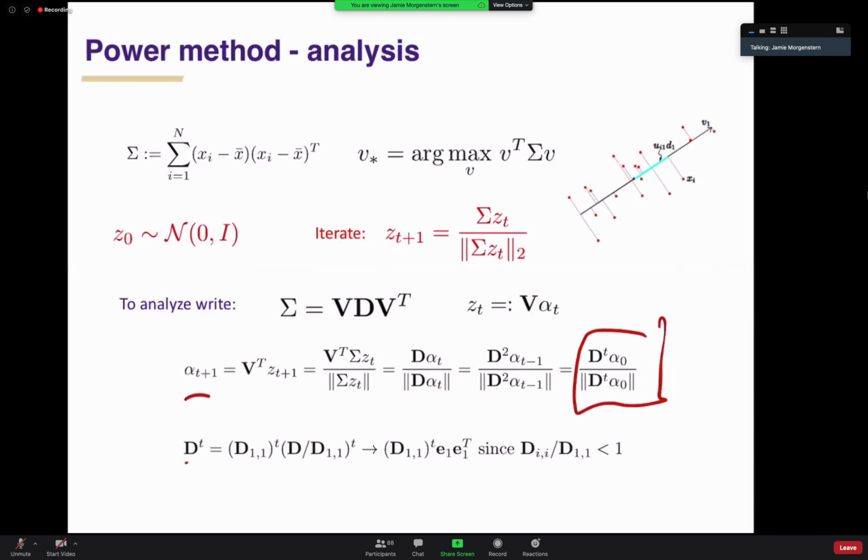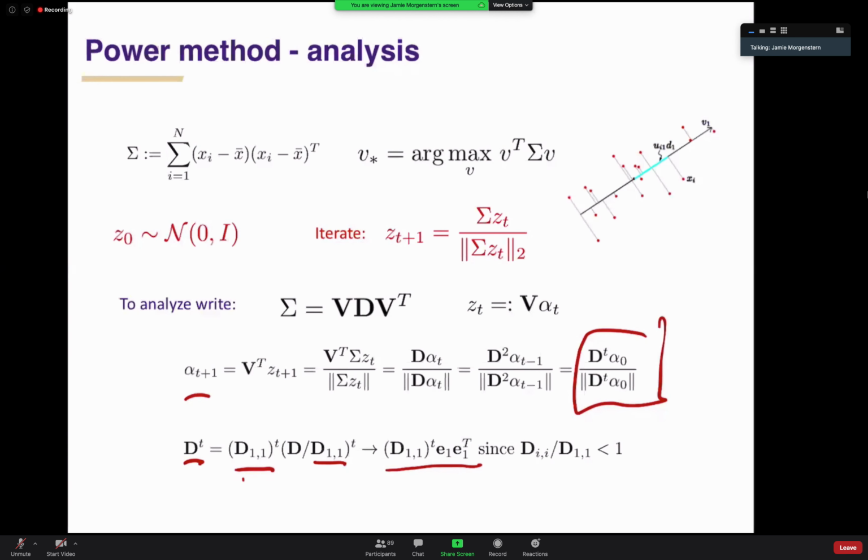So d to the t, you can just rewrite that as multiplying by d11 to the t and then dividing by d11 to the t. And then you can show, and there's a natural way to show this as a function of the number of iterations t you do, that this converges to d11 raised to the power t, e1, where this is the standard basis vector, e1 transpose.